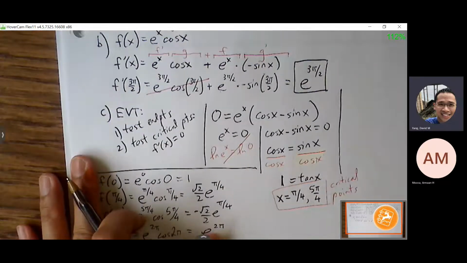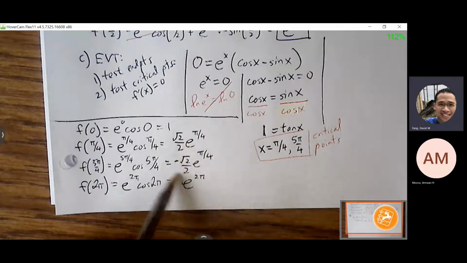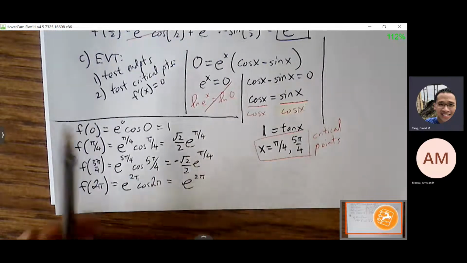We're trying to find the absolute minimum. It's easy to spot because there's only one negative value, and that's going to be lower than the positive numbers.